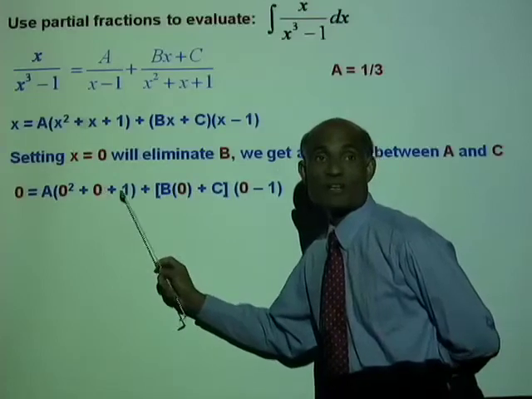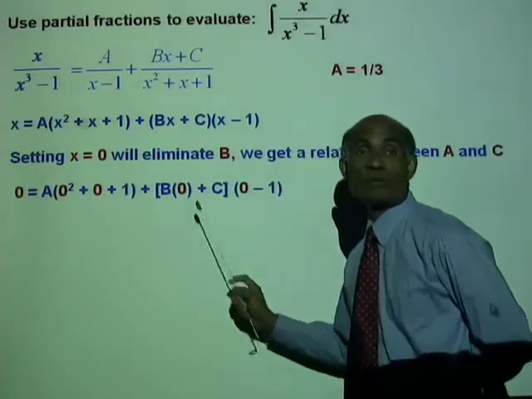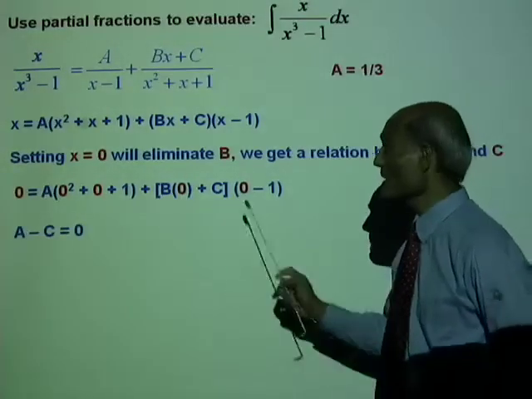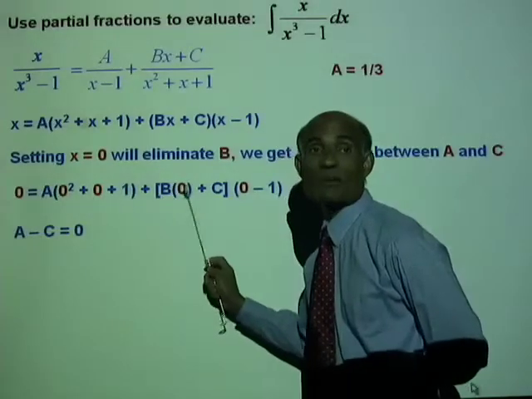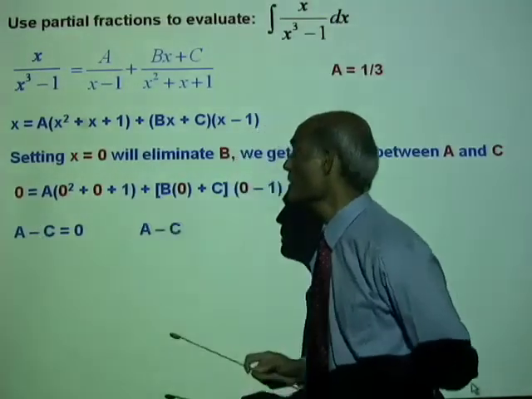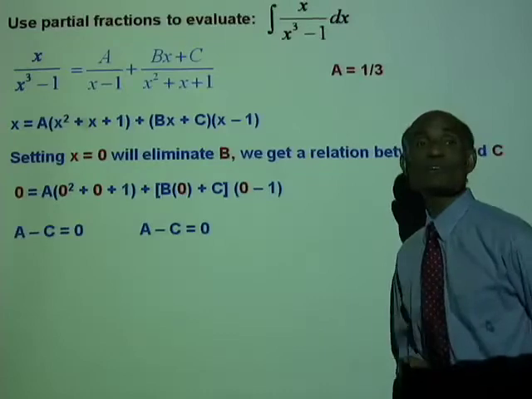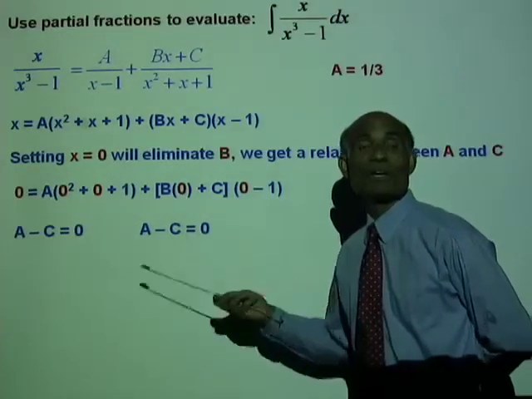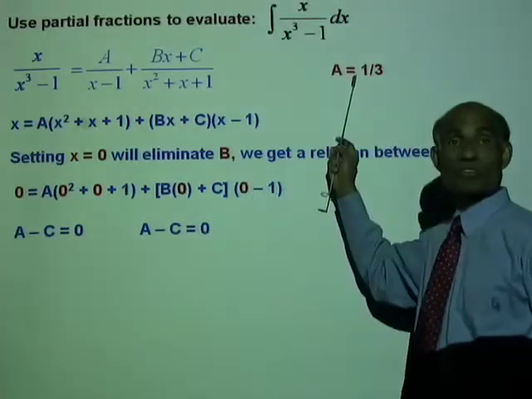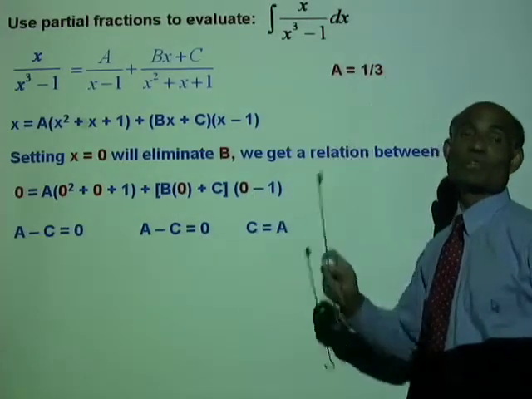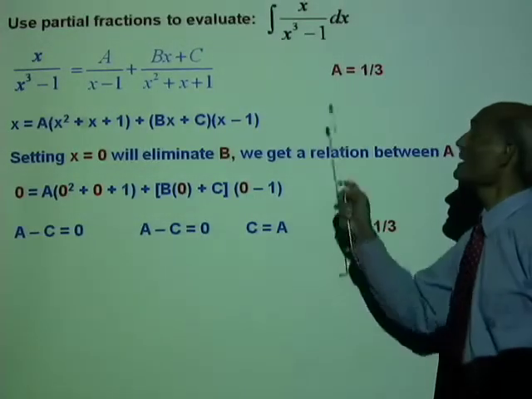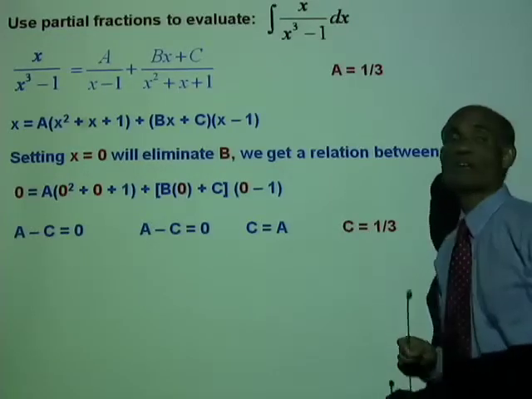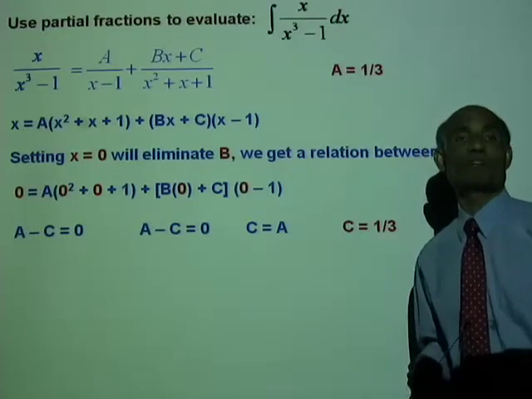So the right side will be a minus c. Is that right? Yes. A minus c equal to 0 means a equal to c. Since we know a, we also know c. A equal to 1/3, therefore c is also 1/3.